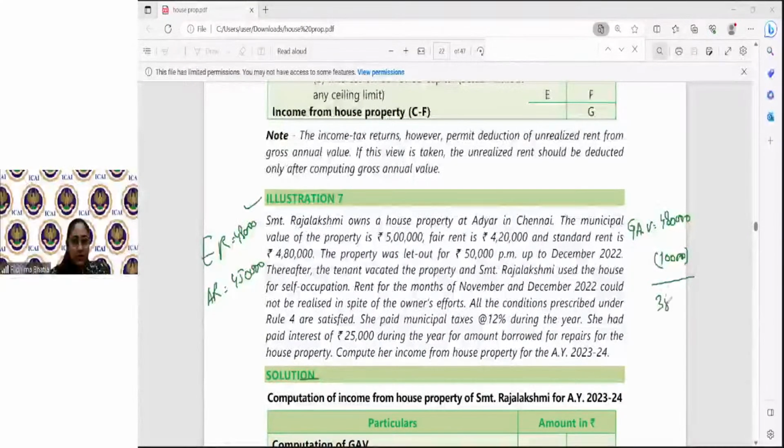Municipal taxes is 12% of municipal valuation. So 5 lakh का 12% has been paid as municipal taxes. 60,000 आया. 320 में से minus 30% minus 25,000.